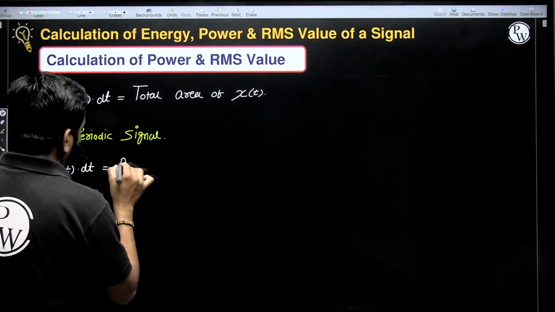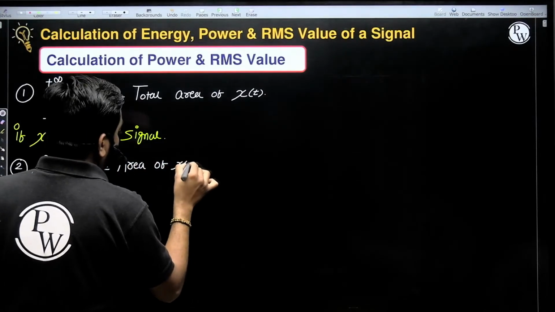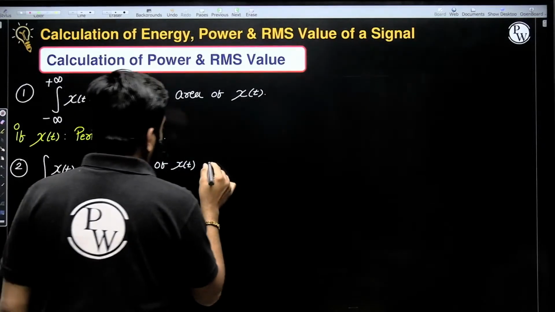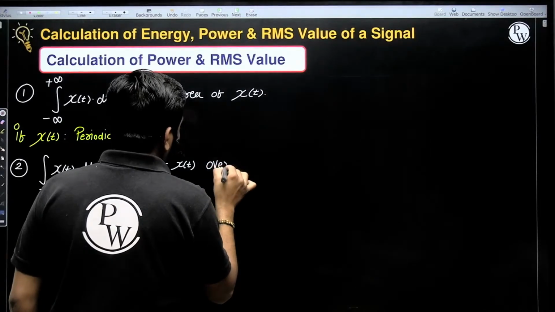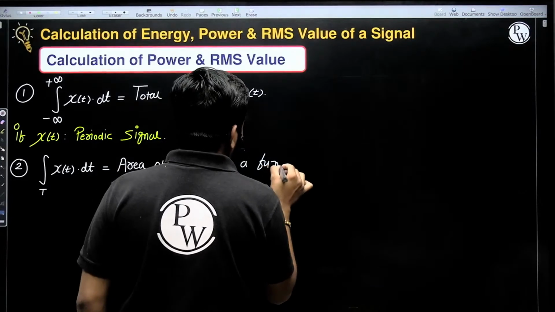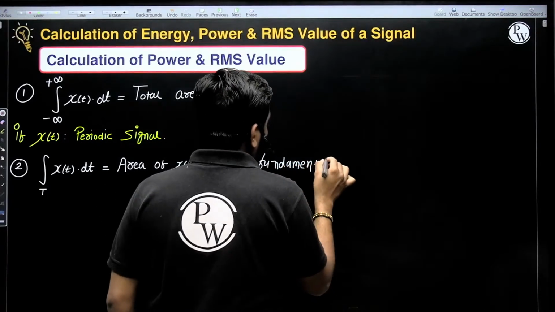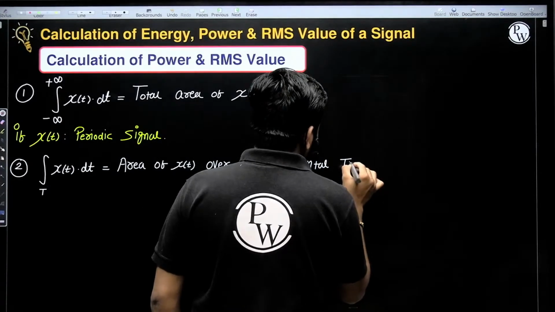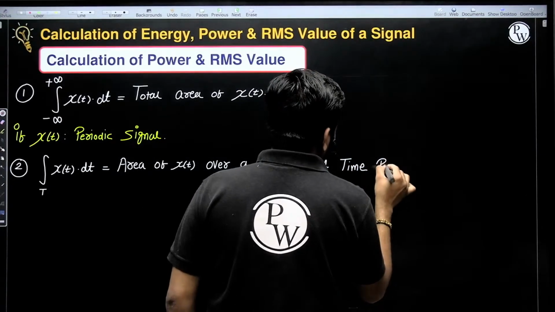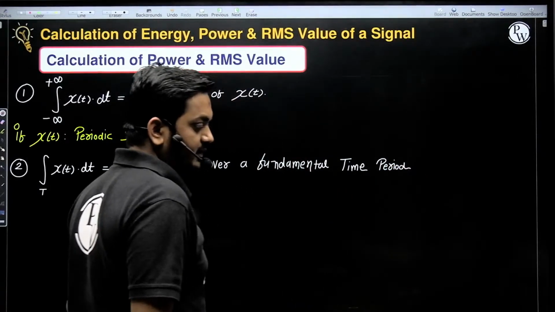So I can write here, area of x of t over a fundamental time period, correct?